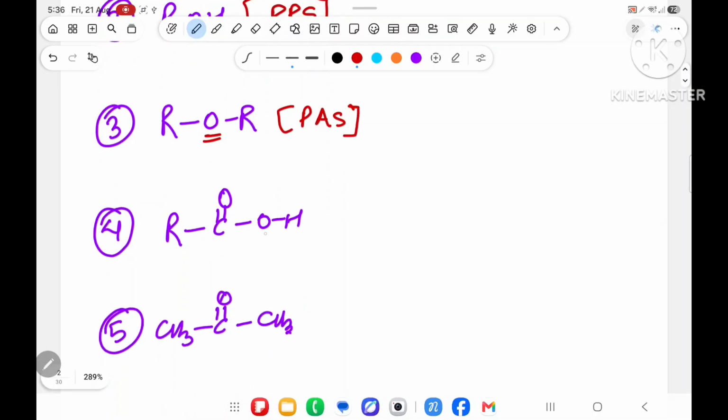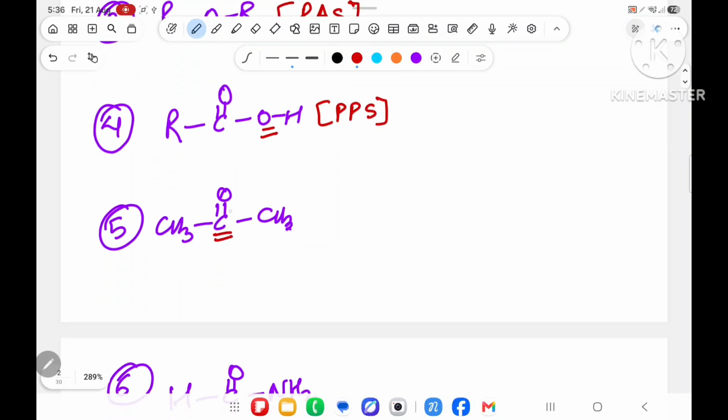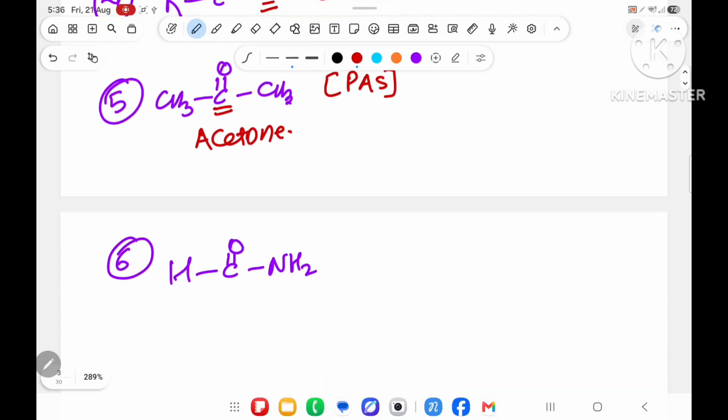Sir, over here oxygen is there, with that oxygen hydrogen is there, polar protic solvent. Sir, this oxygen has carbon attached, no other hydrogen attached, polar aprotic solvent, and its name is acetone. Which name is important, that I will write. Over here, with nitrogen, there is a hydrogen attached. It means the electronegative atom has hydrogen, polar protic solvent. Understanding what I am trying to do?